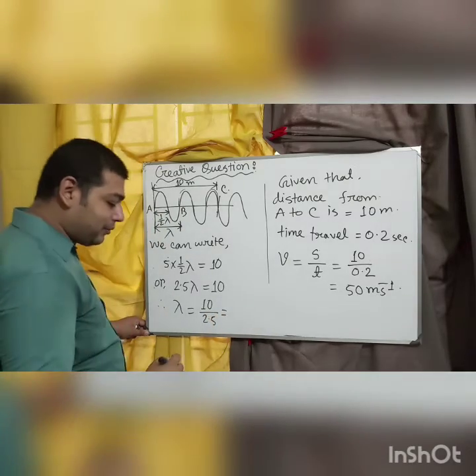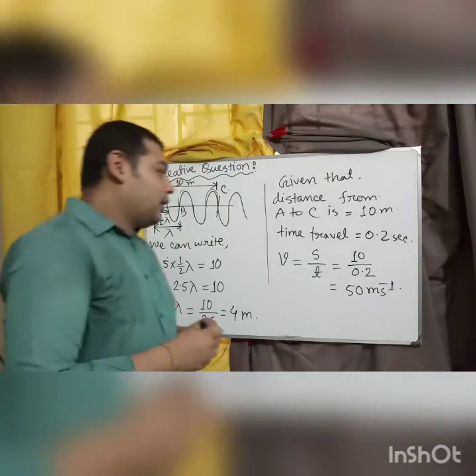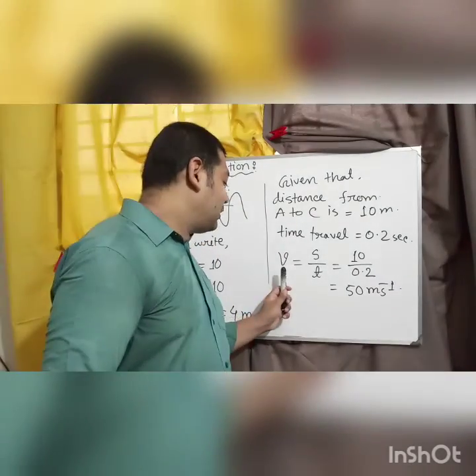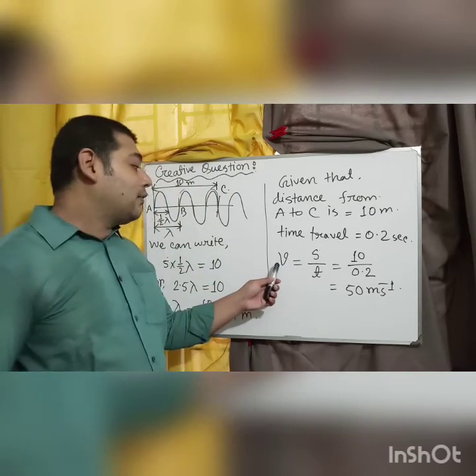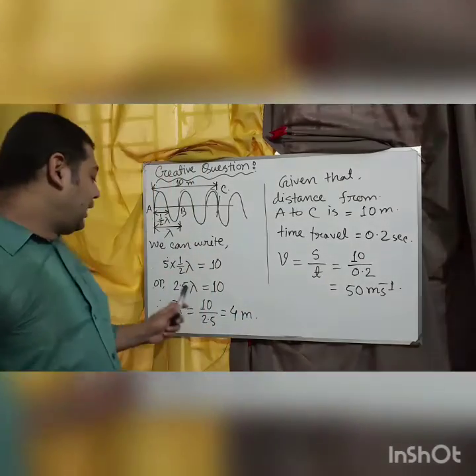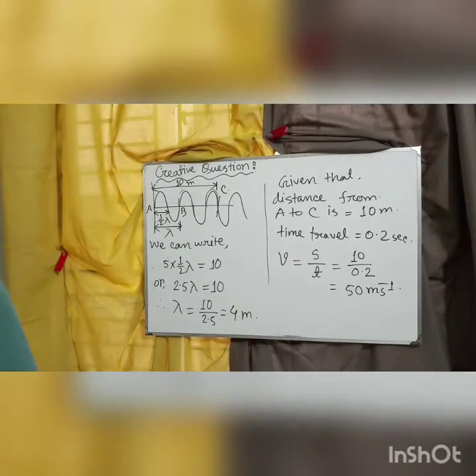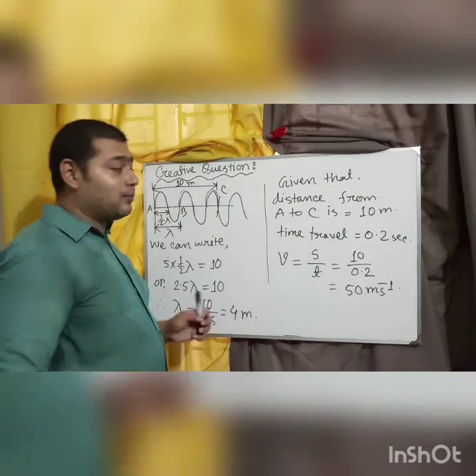So our wavelength is 4 meters. According to this data, we already have our velocity v equal to 50 meters per second, and our wavelength lambda equal to 4 meters.